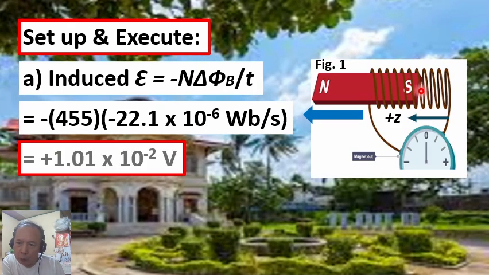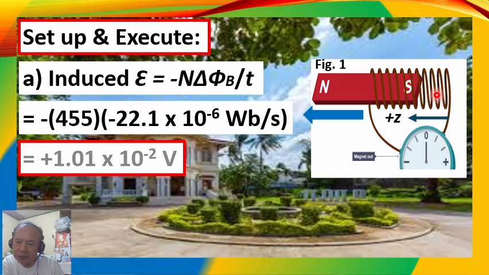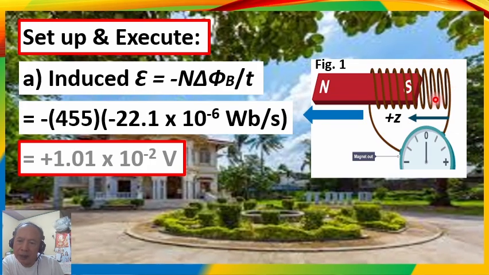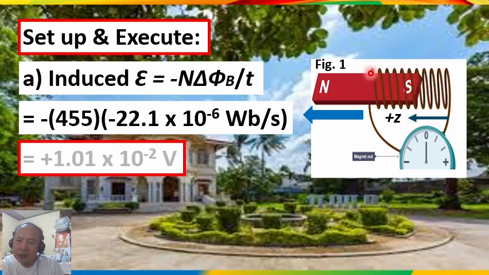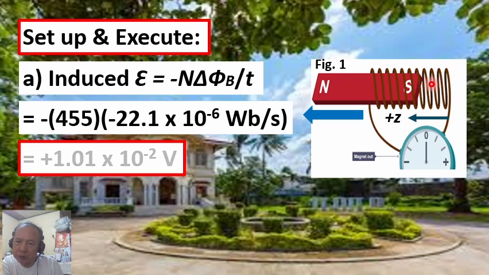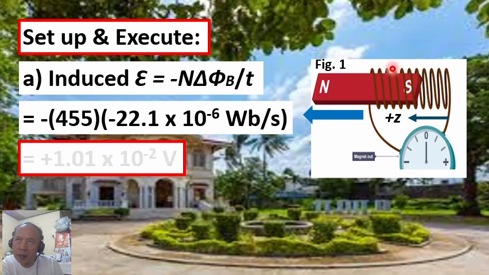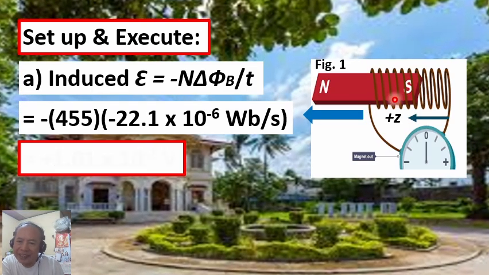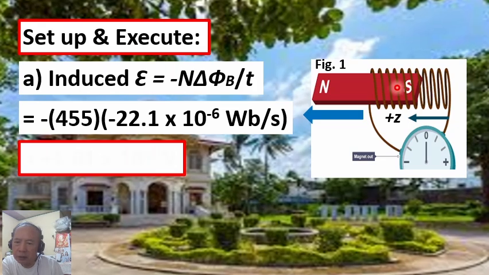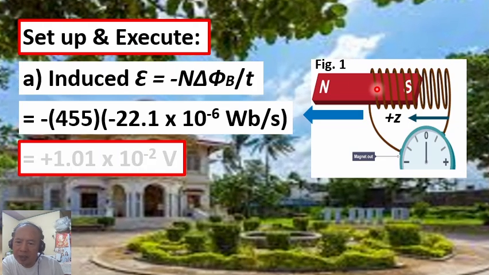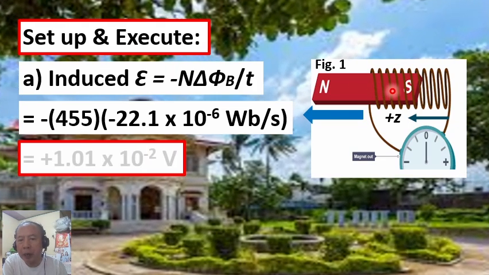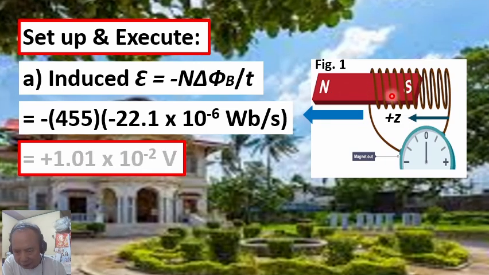Opposing the movement means that the coil, specifically the north end of the coil, tends to prevent such withdrawal of the bar magnet.